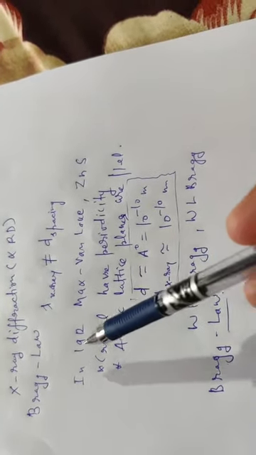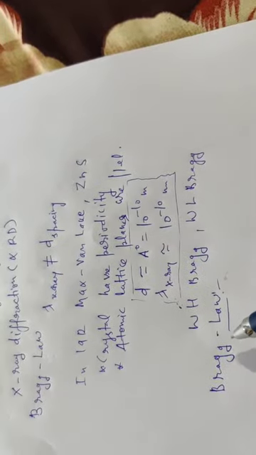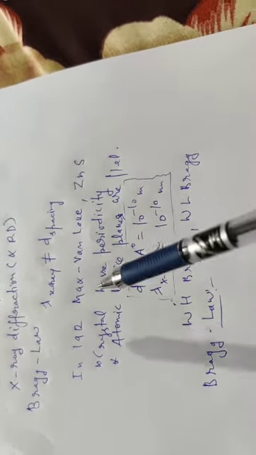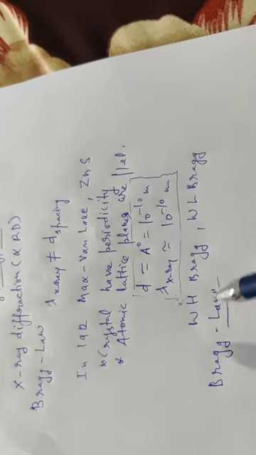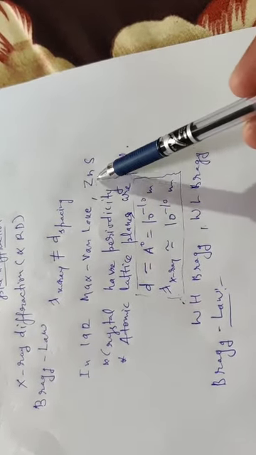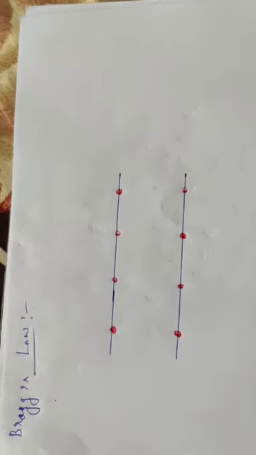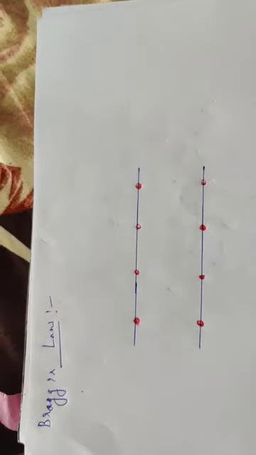Further, Max von Laue also studied this X-ray diffraction, and we will further study these law equations or Laue spots. The first crystal was taken as zinc sulfide, or zinc blende. Now let us discuss Bragg's law.